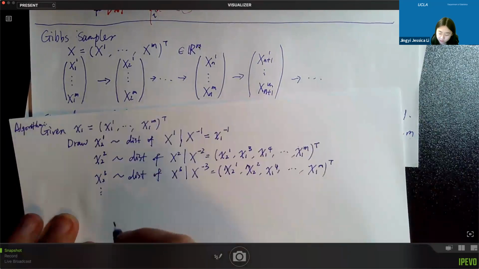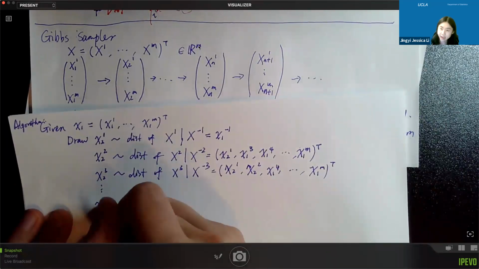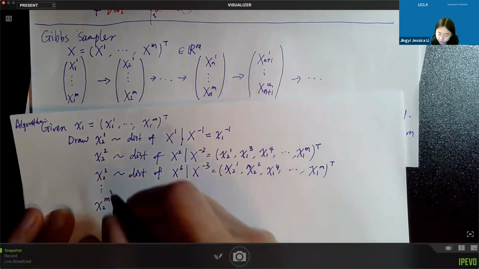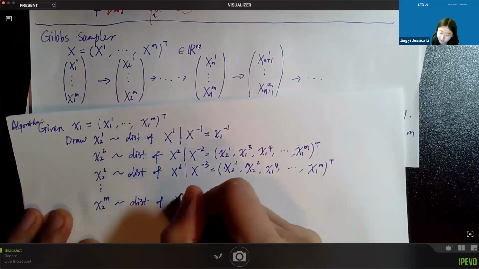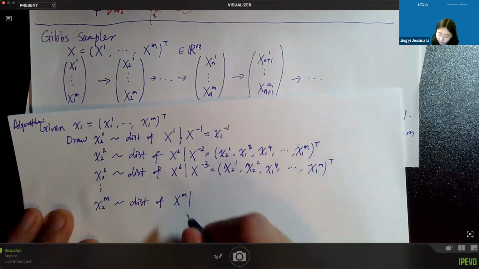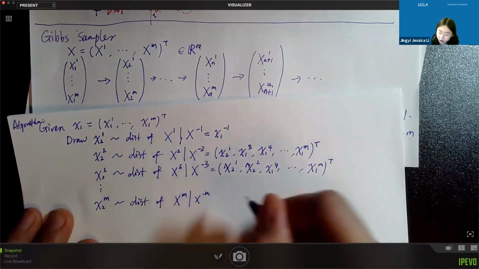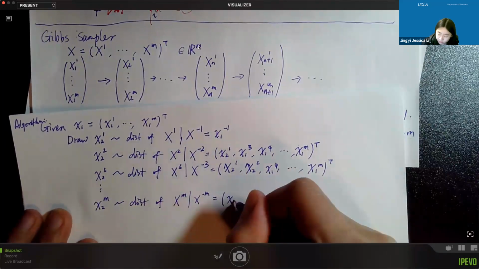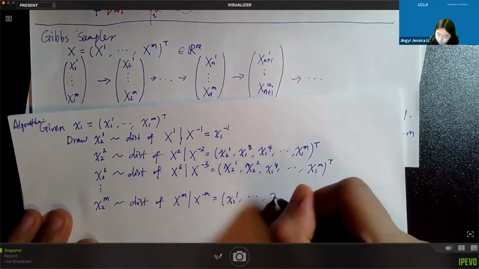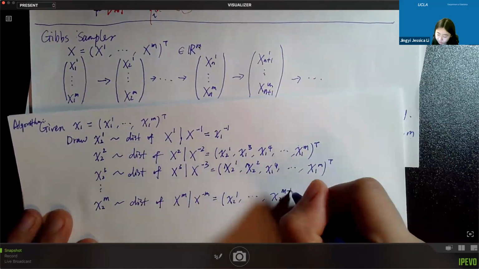Finally, I will sample the m-th dimension from the distribution of xm, conditioning on x minus m. And now all the previous dimensions have been updated. So I will have x21 to x2 m minus 1.